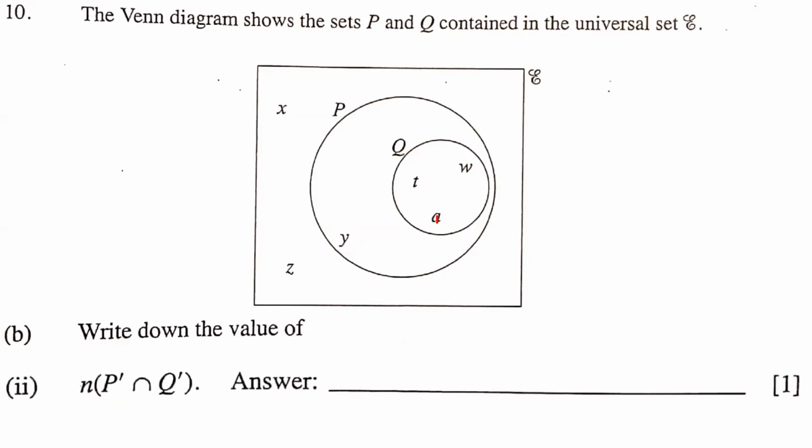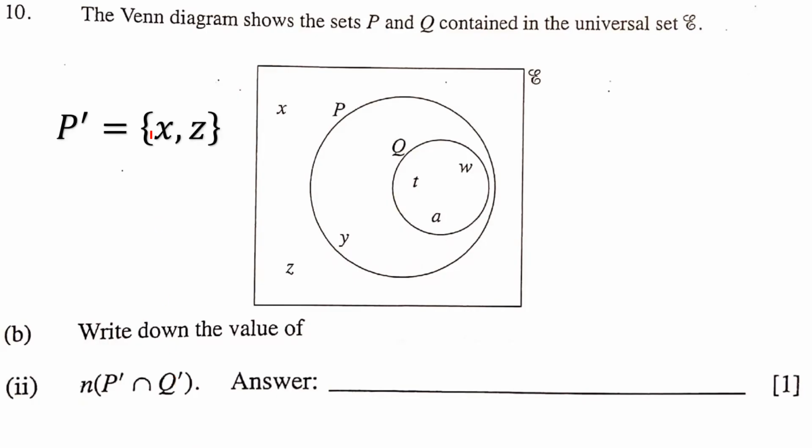Let's move on to the next question, which is this one. It says we want the number of elements that are in P complement intersect Q complement. That's what we want. So first of all, let's list off what is P complement? Like what in the world is that?